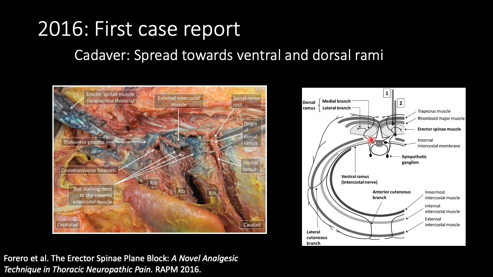And they proposed that the mechanism of this block was indirect spread of local anesthetic from the injection point, lateral to the transverse process, down towards the spinal column. Not getting to the spinal column, but getting to the ventral and the dorsal sensory roots at each spinal nerve level, causing cutaneous anesthesia both anteriorly and posteriorly.